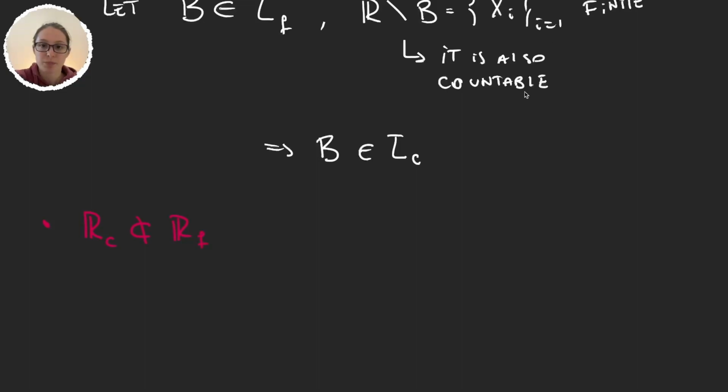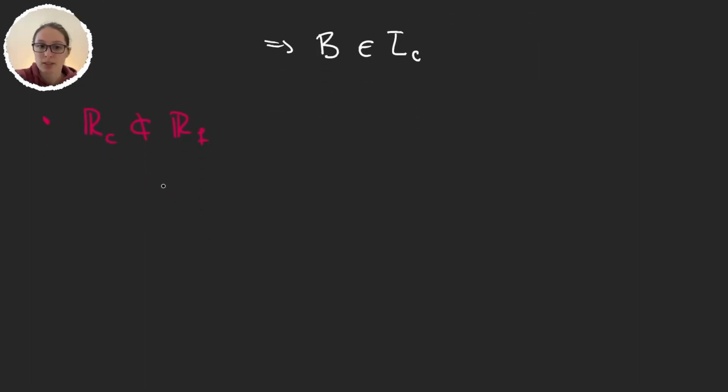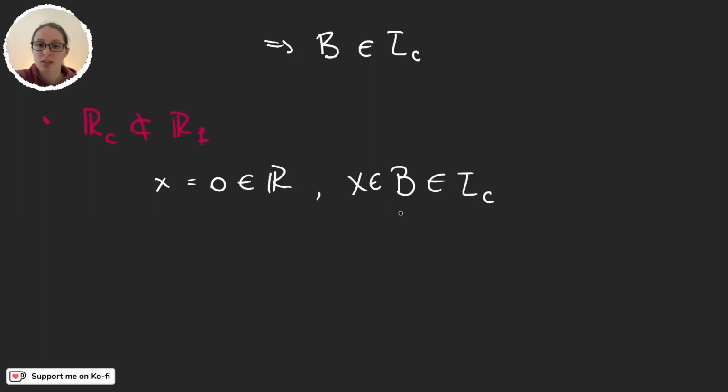What we can do is take some x, for example 0. 0 is obviously a real number, and B a set in the countable complement topology that contains x. For example, we can take B to be the real line, except I can just take any countable set.